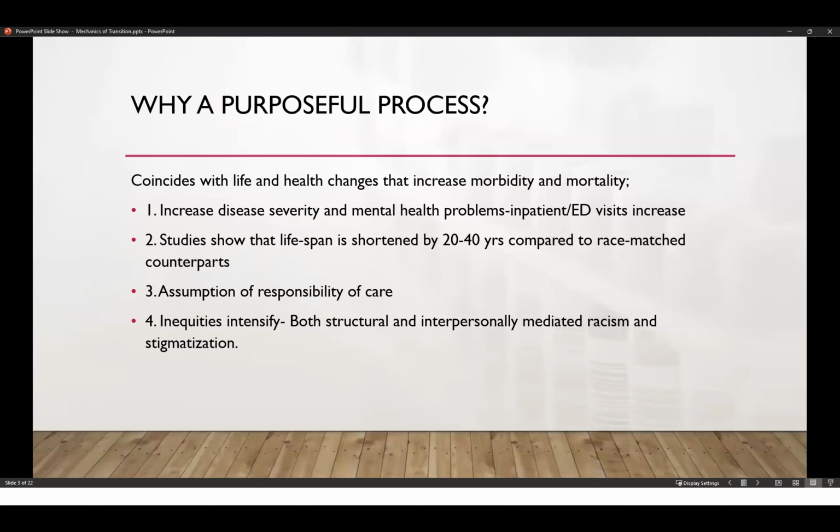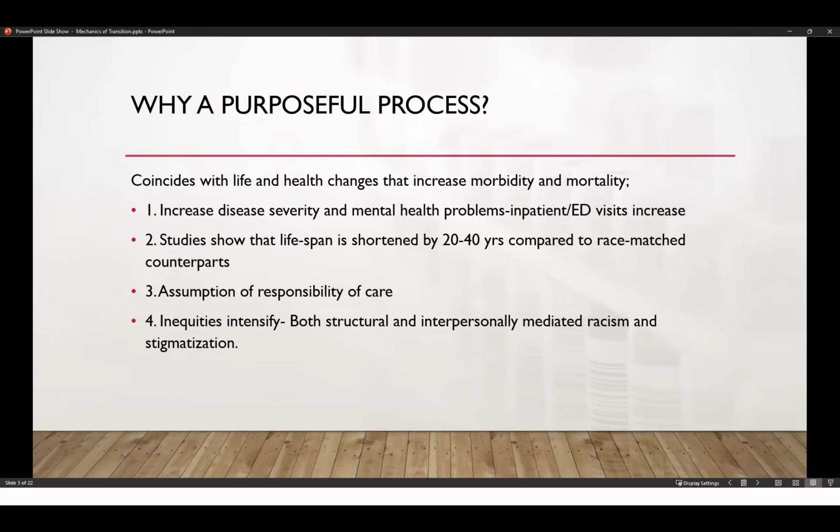So with the first definition, it talks about transition being a purposeful process. Why does it say this? This is because usually at the time of transition, patients are experiencing increasing life and healthcare changes. We know in sickle cell disease, once patients get to adolescence or young adult ages, conditions tend to change a little bit where they may experience more complications, which may lead to some mental health issues as well.